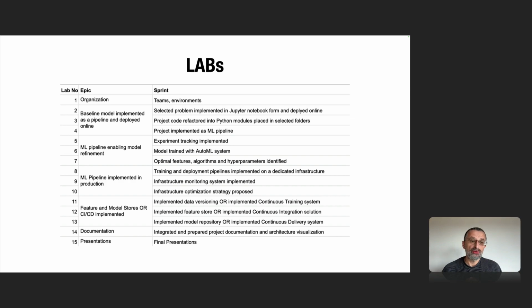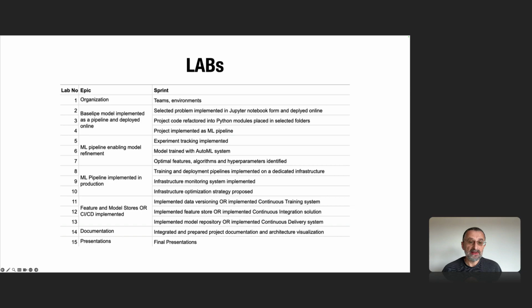So I suggest you work in the following epics and sprints, if I can borrow some terms from agile methodologies. So firstly, a very important part, organization. I suggest you form teams, and for each team create some environment like shared docs or GitHub or something to manage the project.